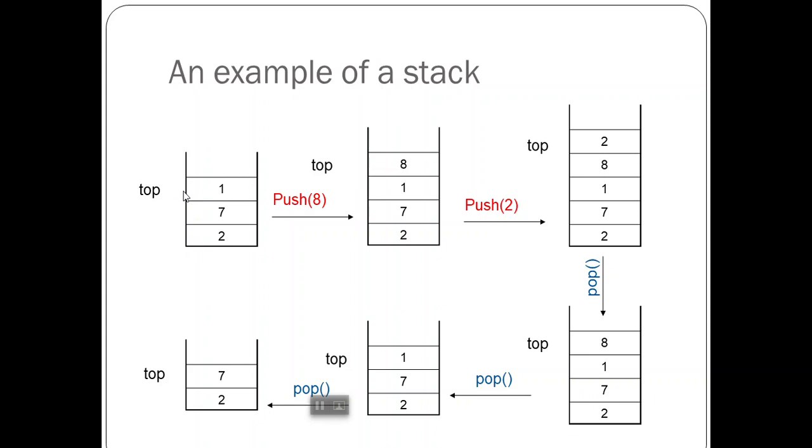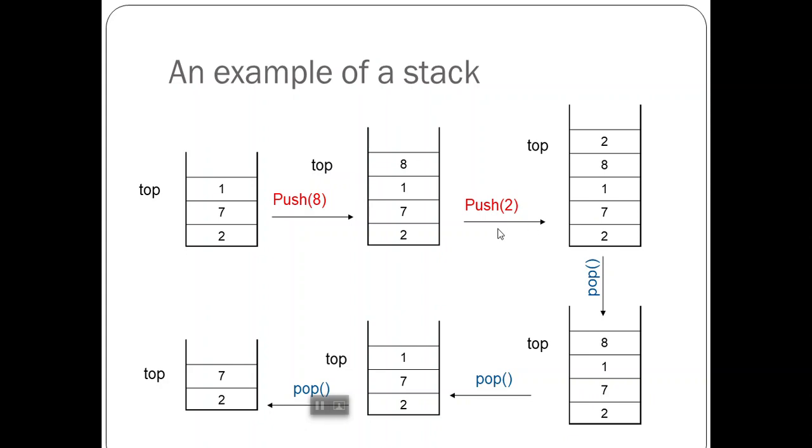Now if I call this operation push with 8 as an argument, 8 must be pushed into the stack. So what happens here? The top value will be incremented by 1, the top will be 3 now, 2 to 3, and at this 3 position you have to insert this 8.